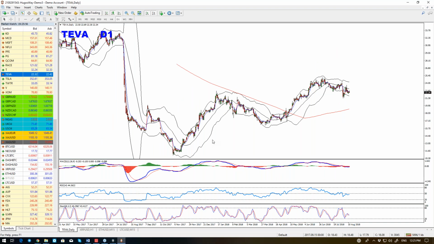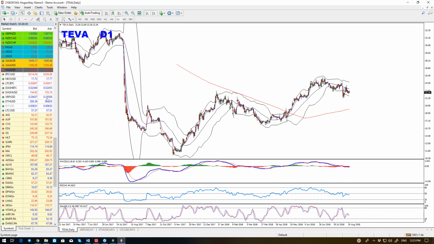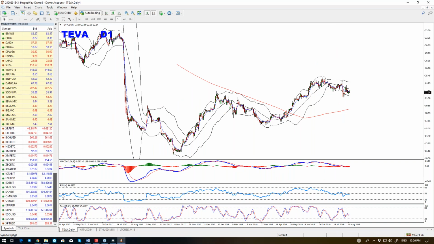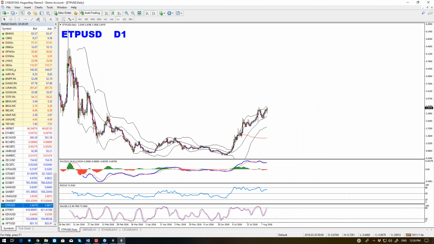And cryptos, our last one. On the cryptos, we basically have only two that are relevant at this stage. The first one is the, where is that? The ETP, which is extremely bullish run for us. We maintain the buys. However, we need to start to pay attention here to the slowdown.